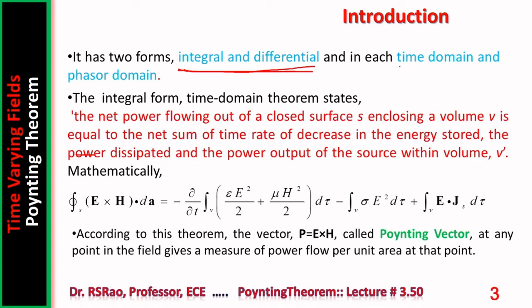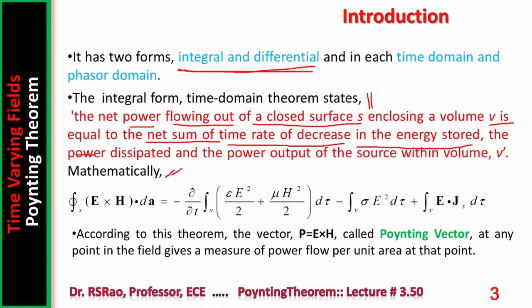First we consider the integral form, time domain. It states the net power flowing out of a closed surface S enclosing a volume V is equal to the net sum of the time rate of decrease in the energy stored, the power dissipated, and the power output of the source within the volume.